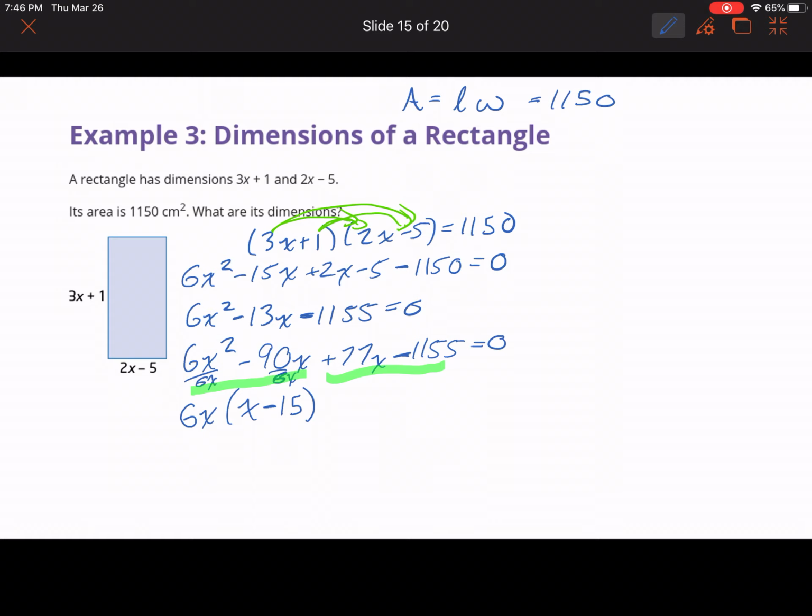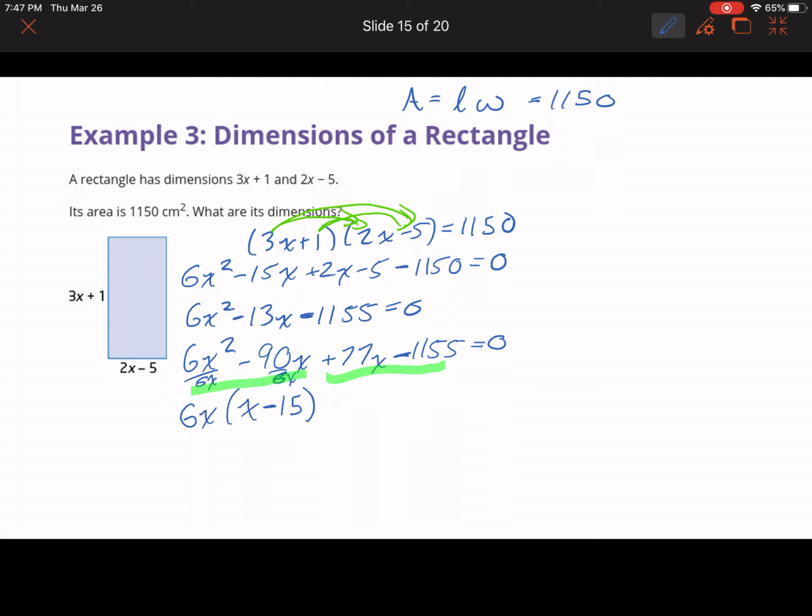Negative 77x minus 1155. What can I pull out of there? Well, I know that 1155 is divisible by 77 because that's how we got it, times 15. So that is a little bit of a cheat to get in there.